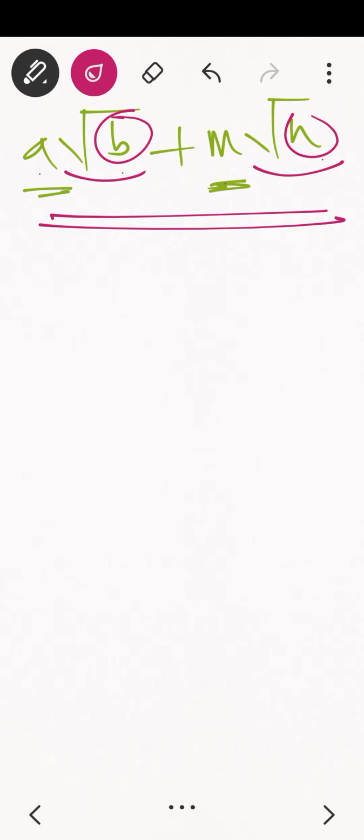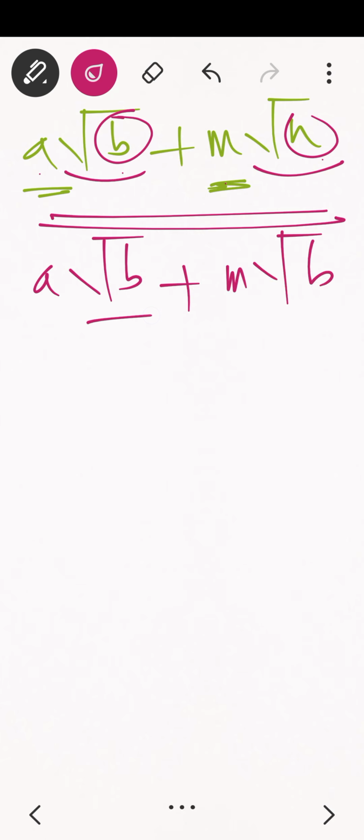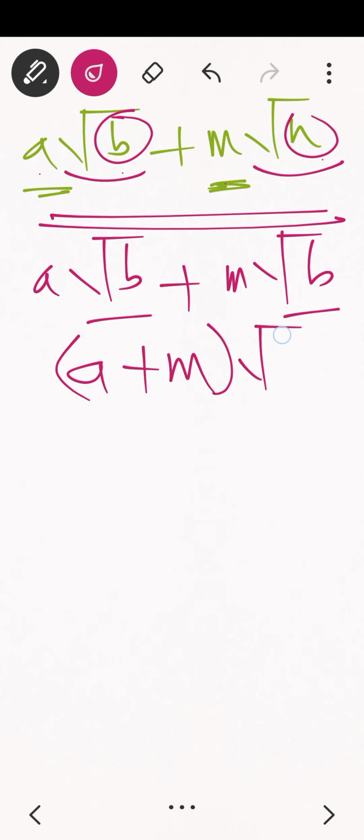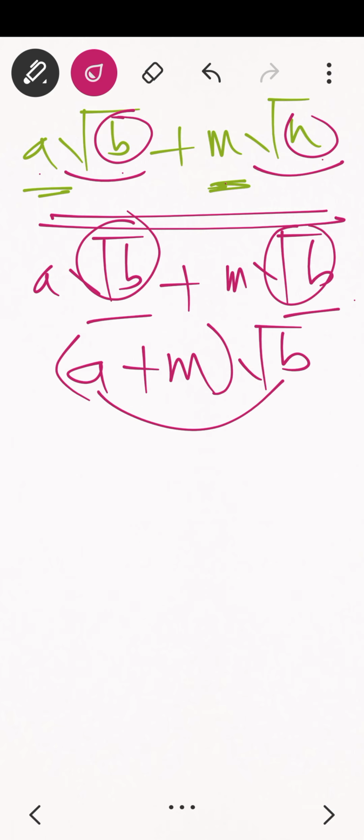But in the case where we were to have something like A root B plus M root B, because we have root B, what we can do is that we can decide to add A plus M, and that will be multiplying one of the root B. What it means is that we have factorized root B out of the terms, so we have sent it outside, and when it goes outside, it can come back and multiply the A to give us the first term, and also multiply the M to give us the second term.